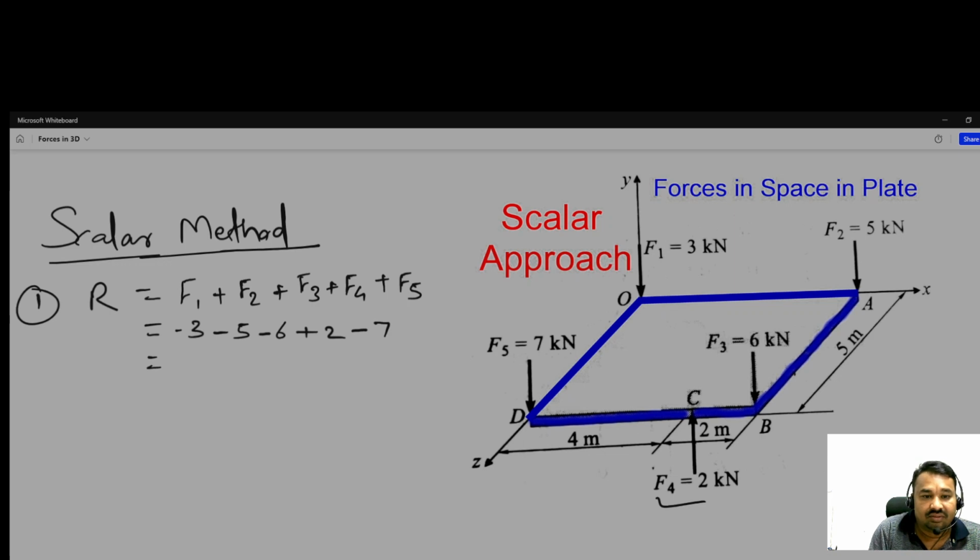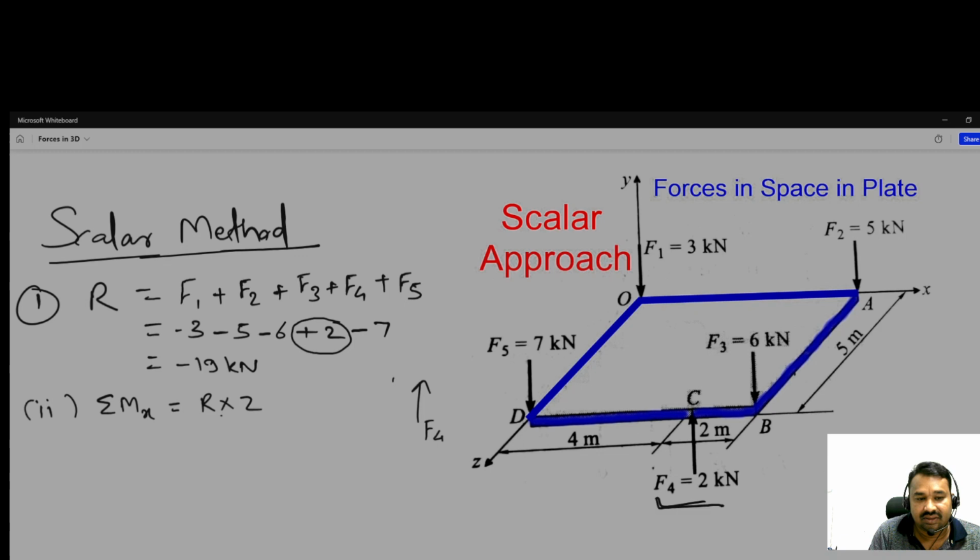Why is F4 plus 2? You can see here F4 is acting upward, that's why we are taking it positive. So what we get is 90 kilonewton. Second, we have to take moment about x, and that is r into z.